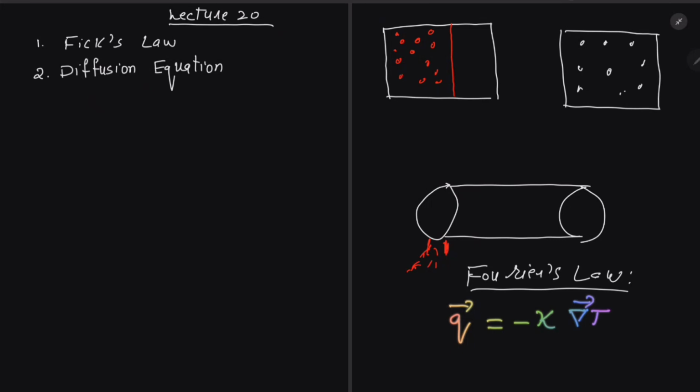So this is called Fourier's law. It involves the temperature gradient, which means that over here there is one temperature, and there is another temperature at some other place. The difference of this temperature will create a heat flow.